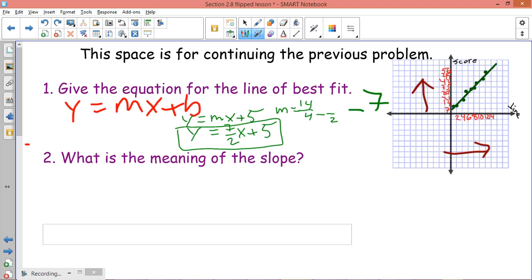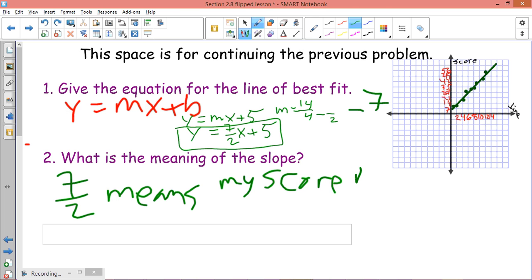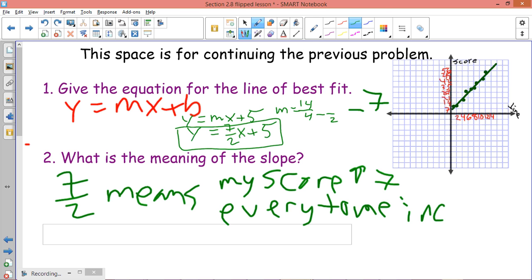So 7 over 2, let's do this with a permanent pen. 7 over 2 means my score goes up 7 every time I increase my study time by 2.